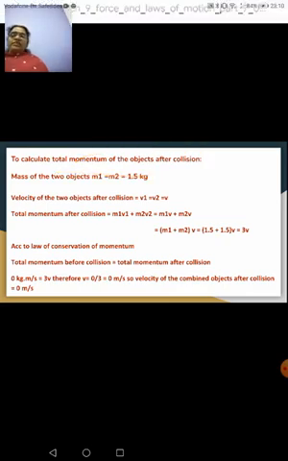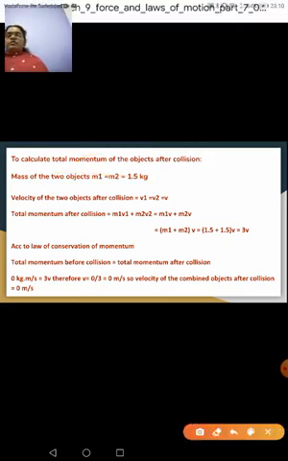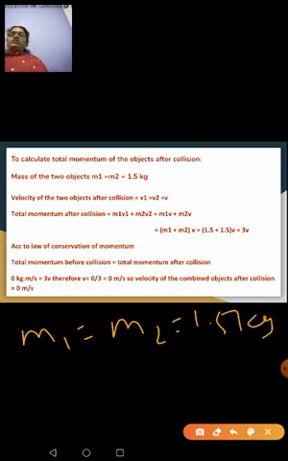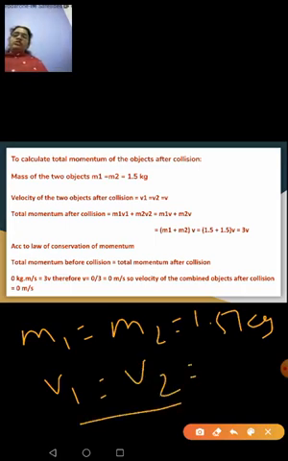So we will assume the masses of the objects as m1 and m2, both of equal mass, which is equal to 1.5 kg. The velocity of the objects after collision, v1 is equal to v2. We don't know this, so we will call it v. This value only we have to calculate.